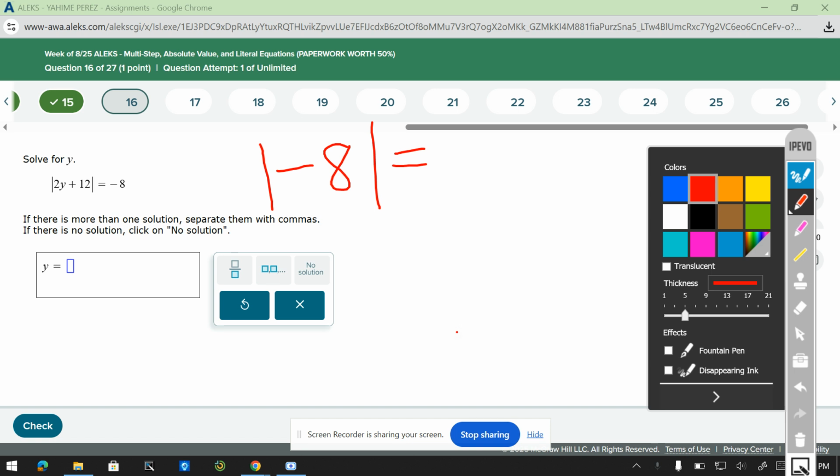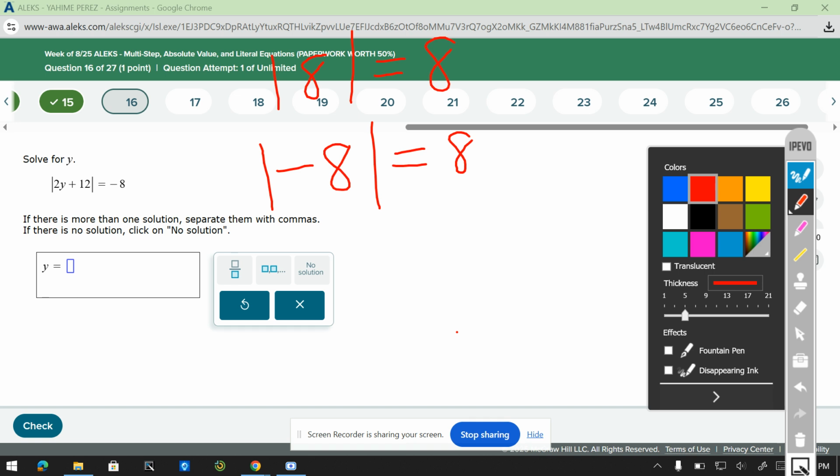Anything that is inside the absolute value becomes positive. So if I had -8 inside of the absolute value, that would equal +8. If I had +8 inside of the absolute value, that would also equal +8.